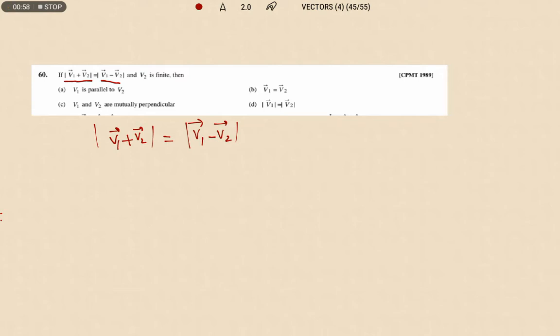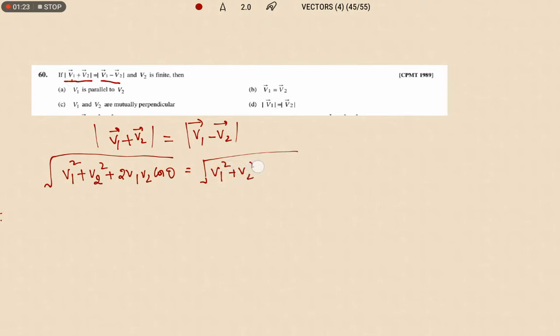How can we write the magnitude? It is under root V1 square plus V2 square plus 2 V1 V2 cos theta. Same as |P bar + Q bar| = root of P square plus Q square plus 2PQ cos theta. Instead of P and Q, here they have given vector 1 and vector 2. The right side is root of V1 square plus V2 square minus 2 V1 V2 cos theta.